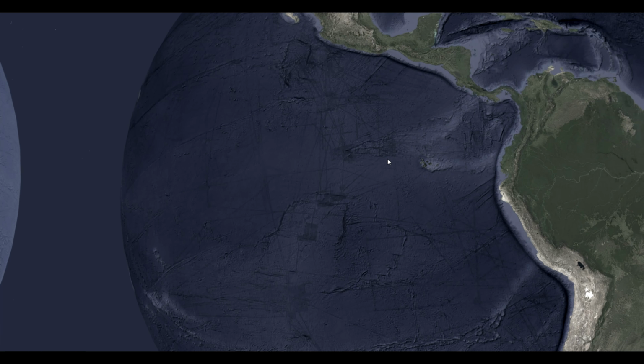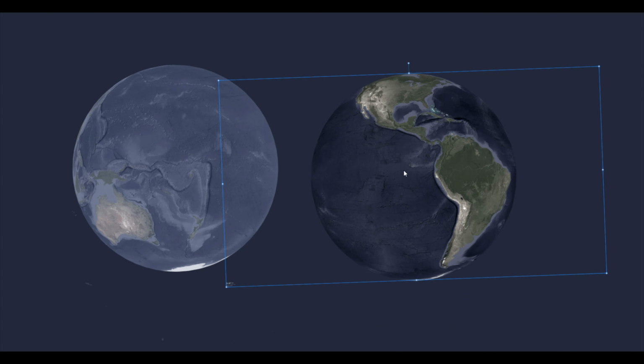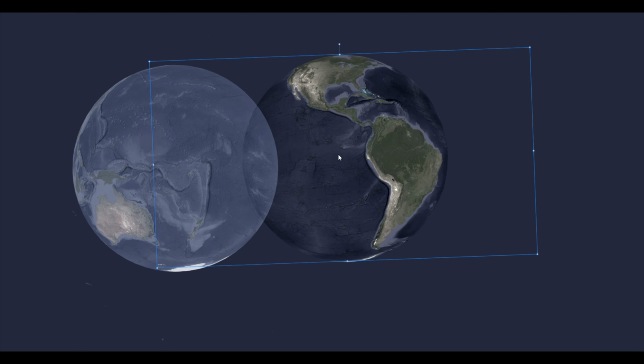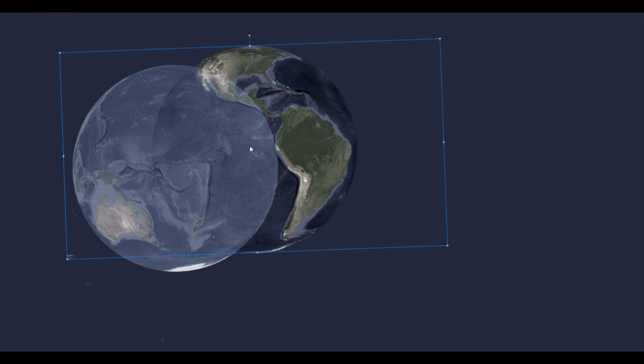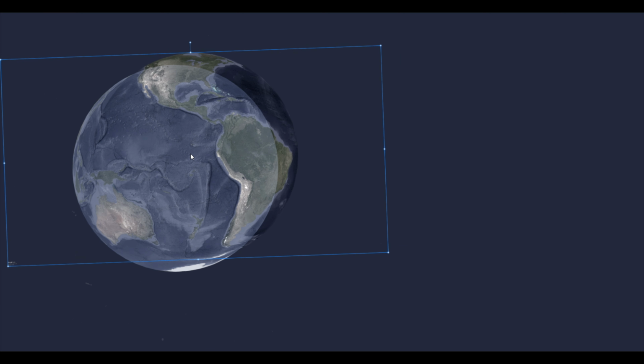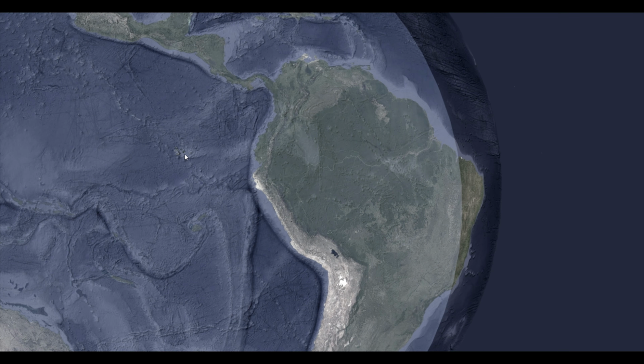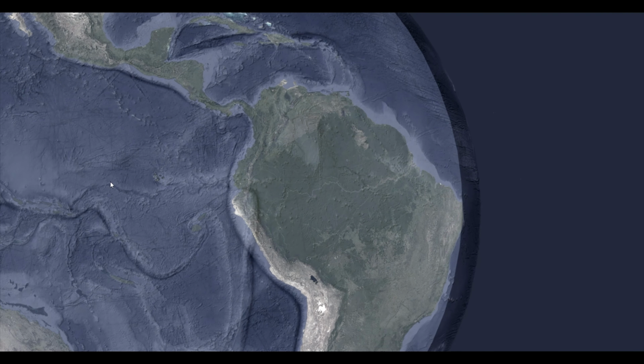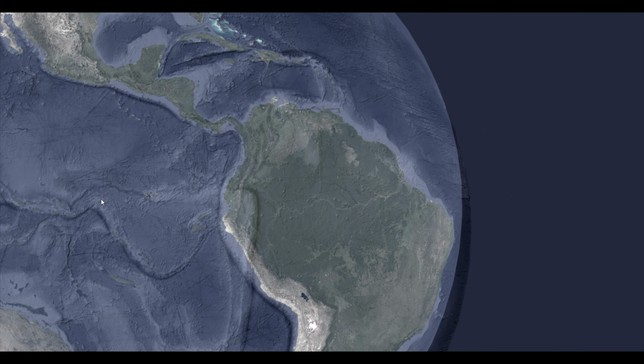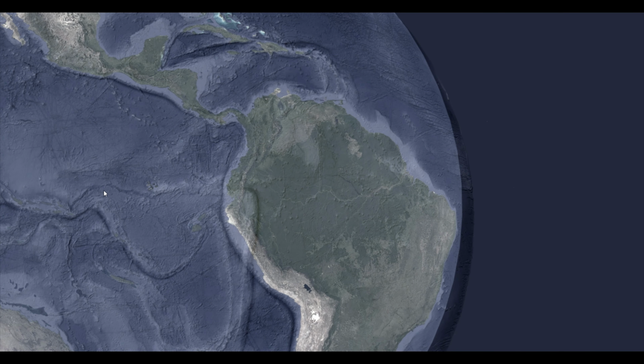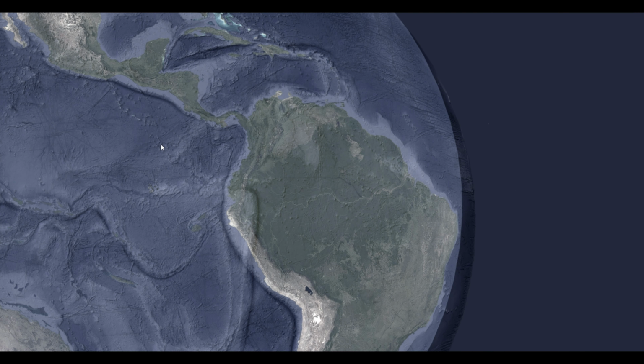Okay, so you can see that feature right there. I'm going to move this over. Come in like this. Come in down at an angle. You can see this right here. And then boom, you can see how it matches.